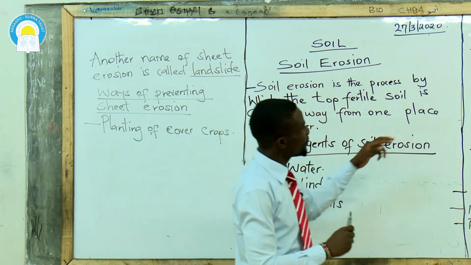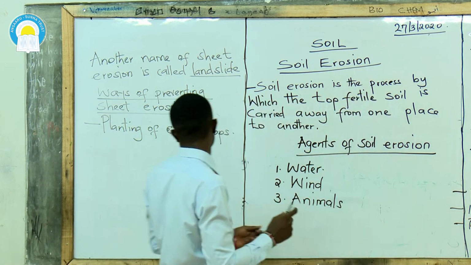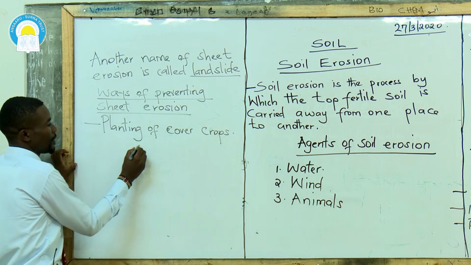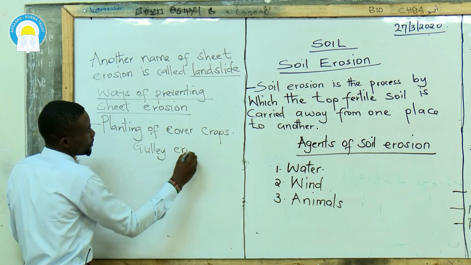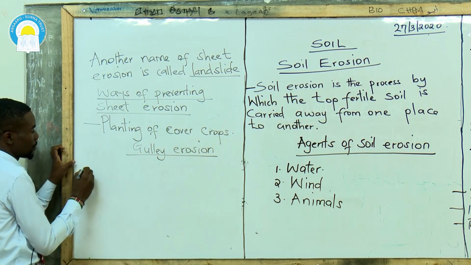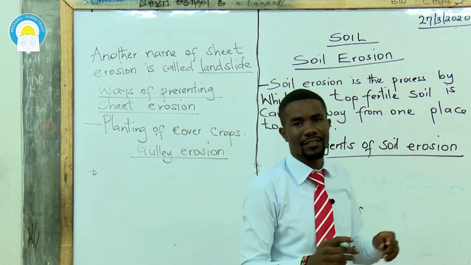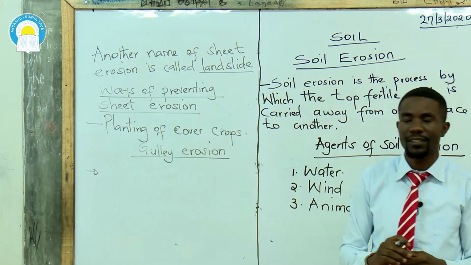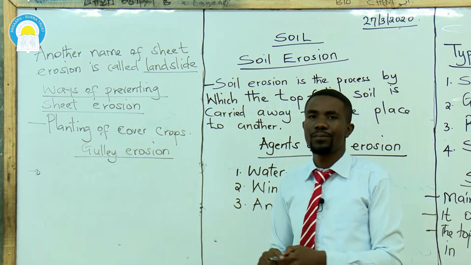Our soil erosion number 2 is gully erosion. Gully erosion majorly occurs in steep areas, but also in a gentle slope.